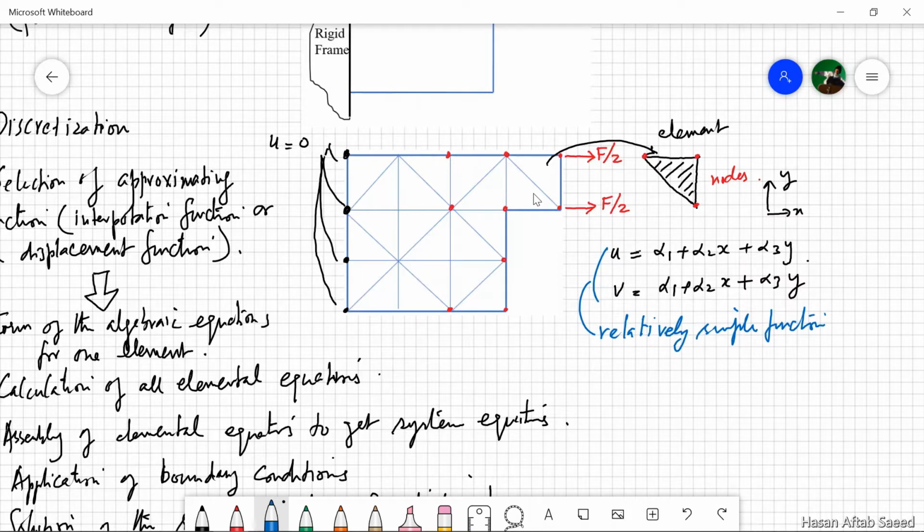For example, we could divide this further like this. We are making smaller and smaller triangles.